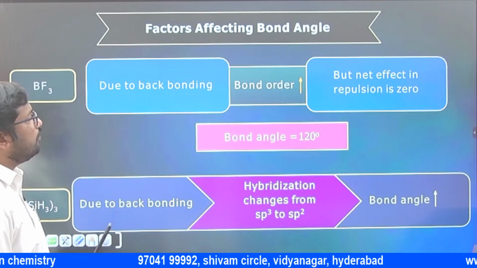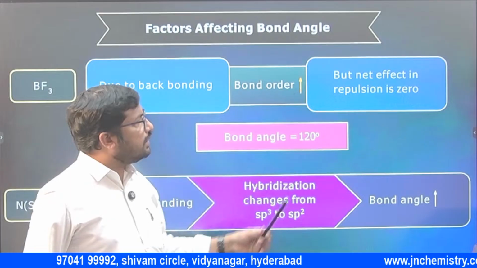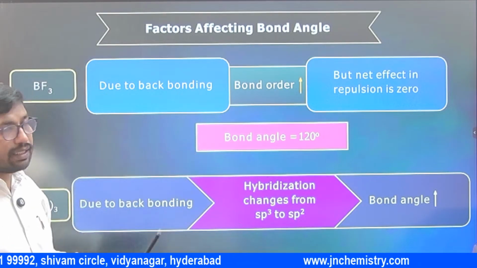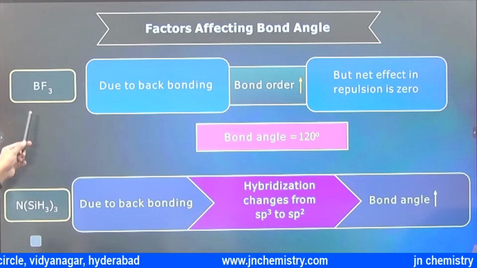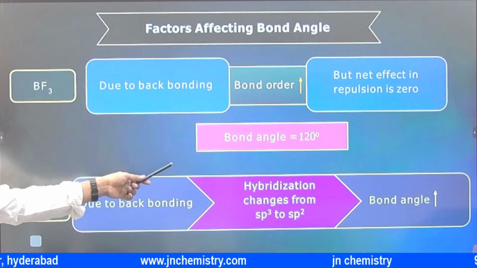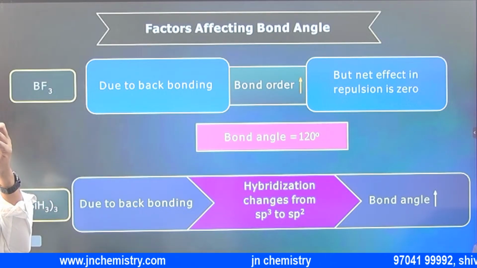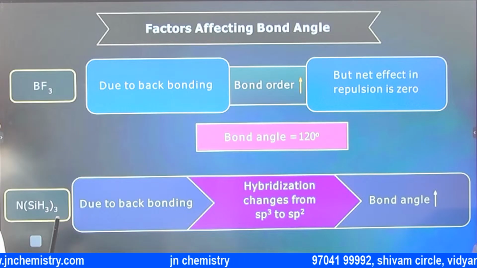So due to back bonding, what happens? The bond order increases, but the net effect on the repulsions is zero. So the bond angle in BF3 is 120 degrees. Due to back bonding the bond order increases. Why?